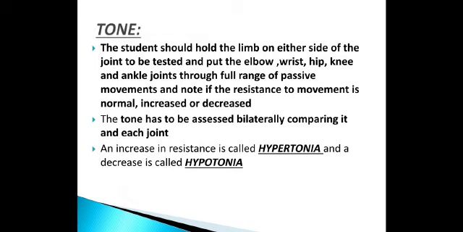An increase in resistance is called hypertonia, whereas a decrease in resistance is called hypotonia. Hypertonia is a feature of upper motor neuron lesion. It manifests as spasticity or rigidity.